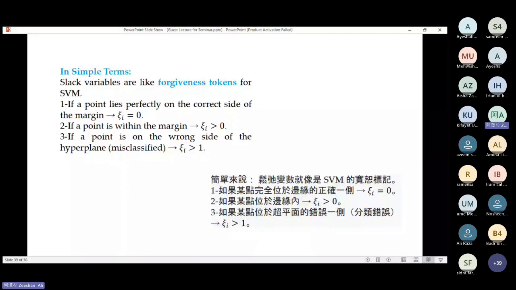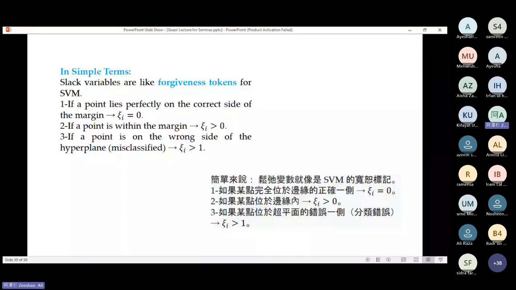Number one, if a point lies perfectly on the correct side of the margin, the slack psi i will be equal to 0. But if the point is within the margin, the psi will be greater than 0. And similarly, if a point is on the wrong side, the psi will be greater than 1.